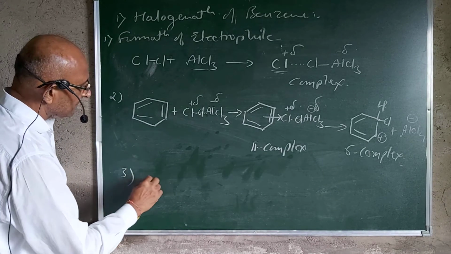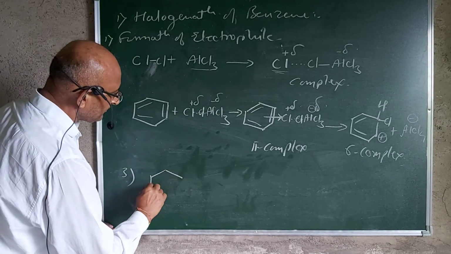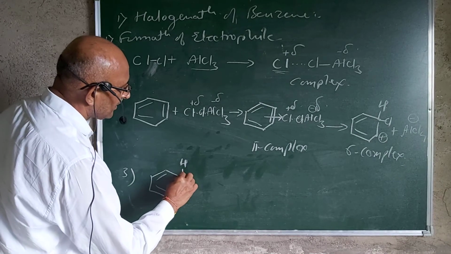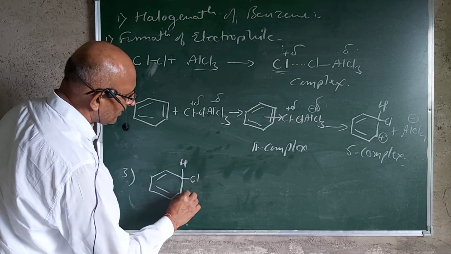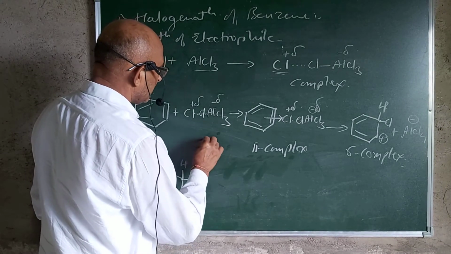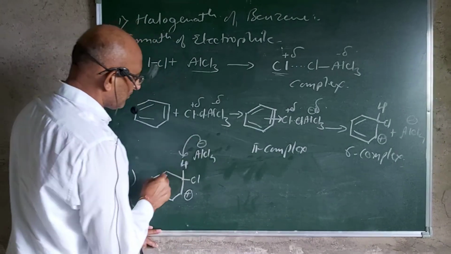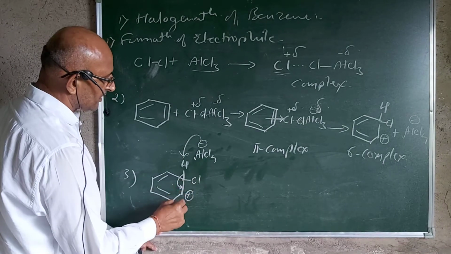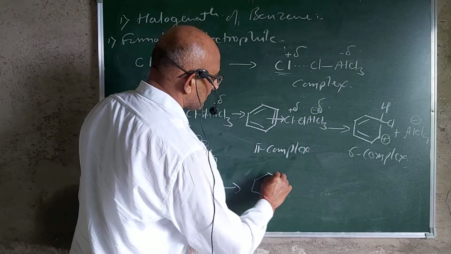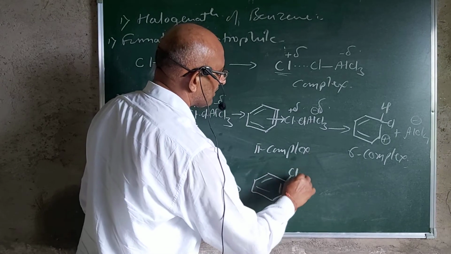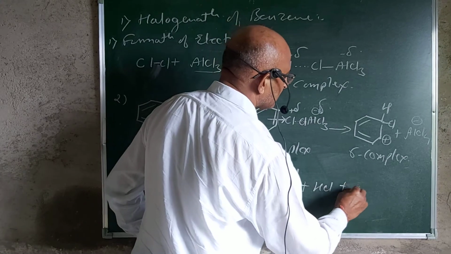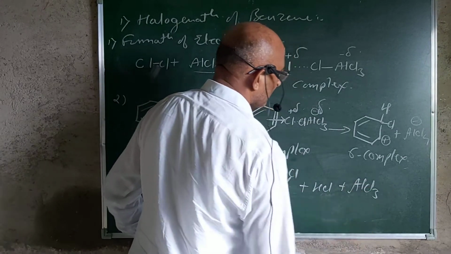And last, once this sigma complex is formed, the conjugate base, that is AlCl4 minus, donates the electron pair to this, and you get the formation of a substituted product, that is chlorobenzene plus HCl plus AlCl3.